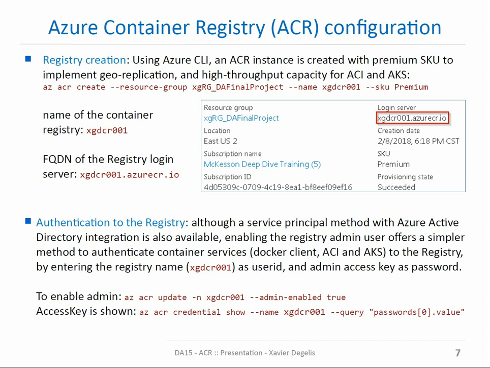The name of the container registry is also displayed, as well as the FQDN of the registry login server. The next step is to authenticate against the registry from an automated process.